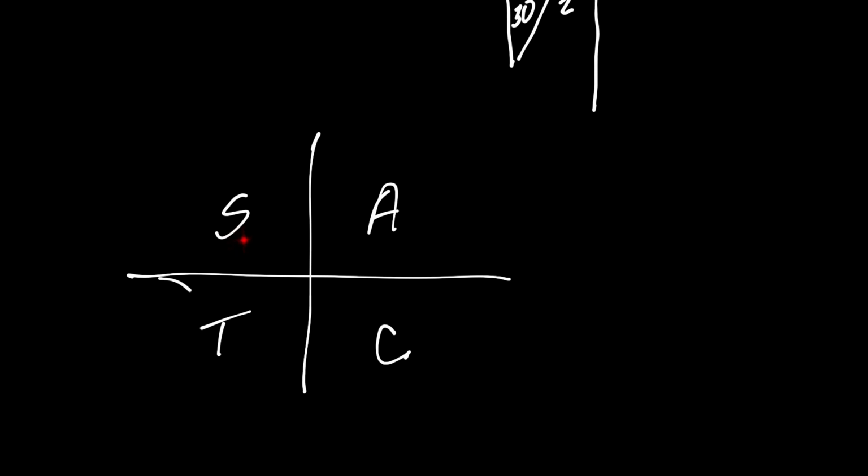Sine is positive in quadrant 2, and cosecant, of course. Tangent is positive in quadrant 3, and so is cotangent. And this will be cosine, so secant also would be positive here in quadrant 4. And we say all students take calculus is how we remember that. It's our mnemonic device for the day.